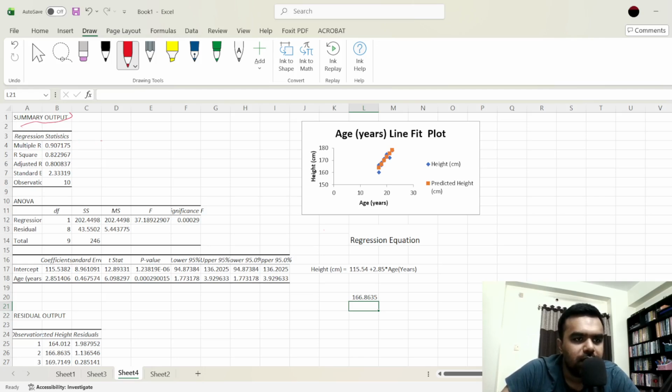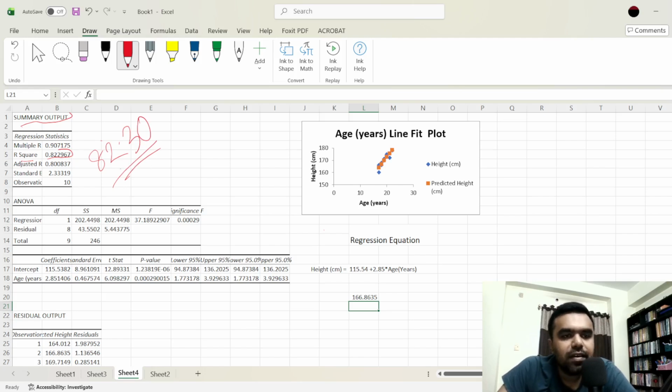From summary output, we get the R squared value, approximately 82.30. It means 82% of the data is statistically significant. So we get a very powerful and very significant data.